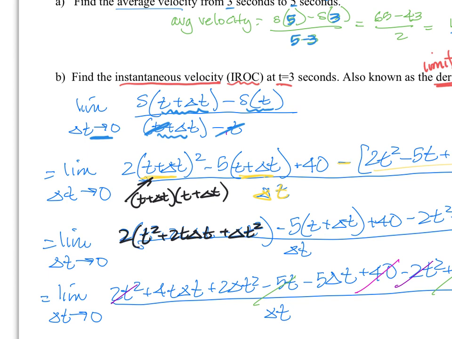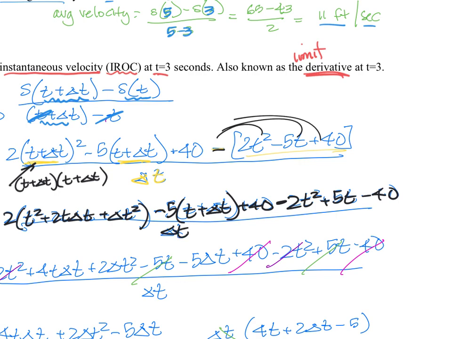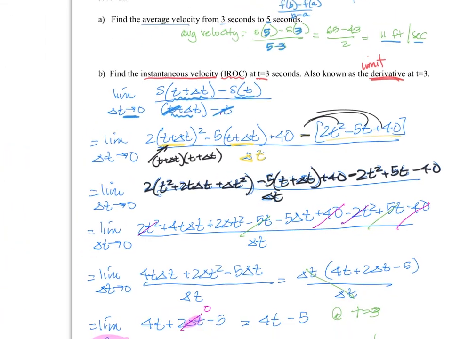And we have that 2 on the outside. And then the function has us with that minus 5, and we are putting in that t plus delta t. The function has a 40. And then right here is when I change the signs of each of those by distributing that negative. So you're just changing those signs. And we have it over the delta t.